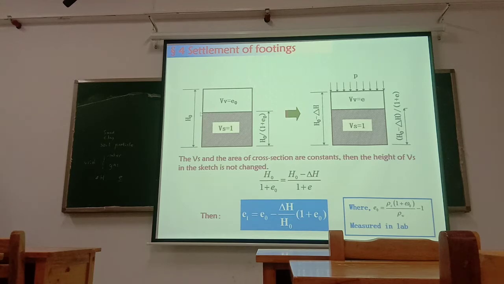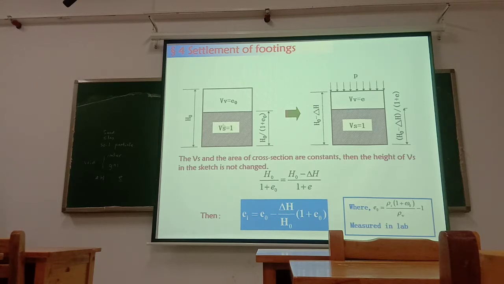So the initial height equals H0, and the void ratio equals e0. Okay, and the volume of soil particles we assume is 1 unit.